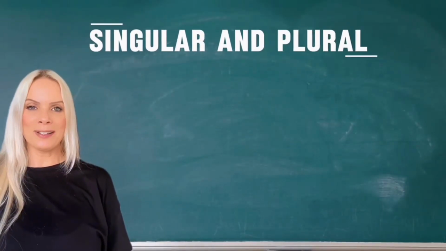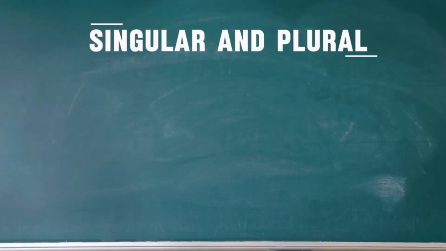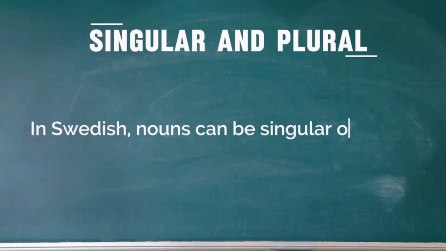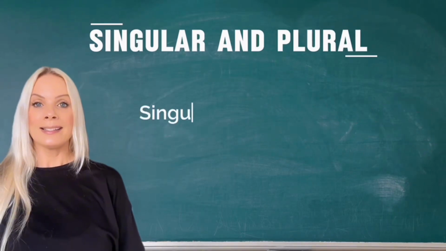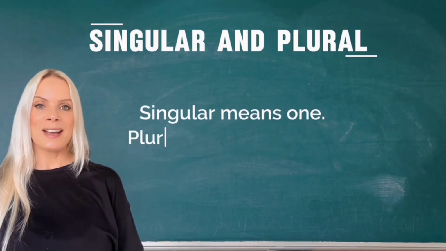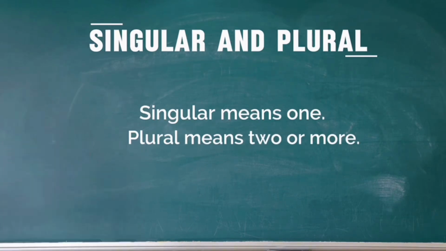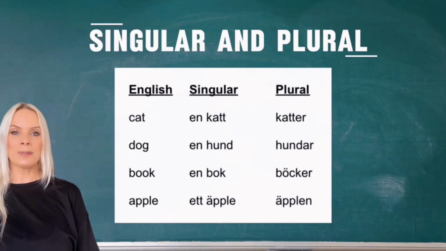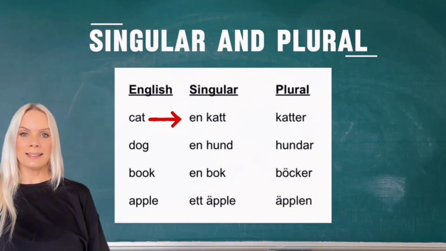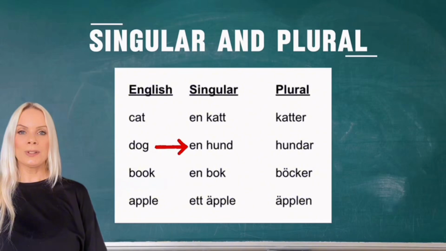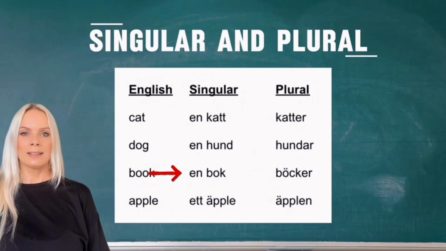Singular and plural in Swedish. In Swedish, nouns can be singular or plural. Singular means one. Plural means two or more. Examples. En katt, katter. En hund, hundar. En bok, böcker.